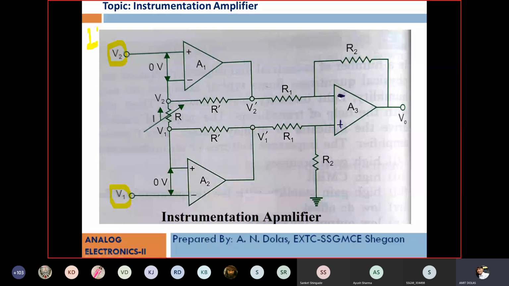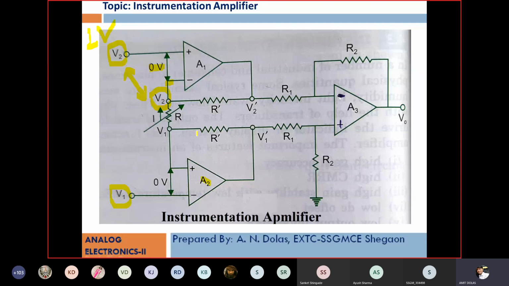Say both are equal to 1 volt. Then what will happen? To get the differential voltage equal to 0, on the other terminal of the op amp it will be the same. So this V2 I'm marking will be the same, 1 volt.